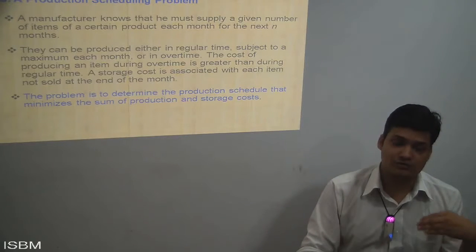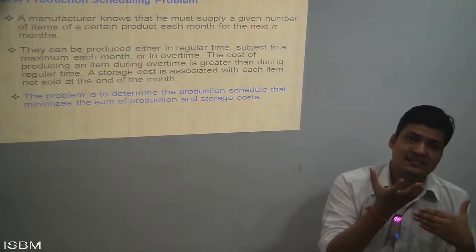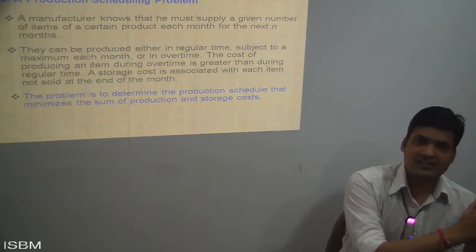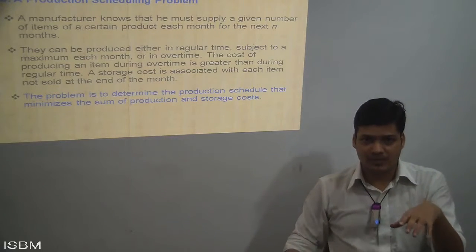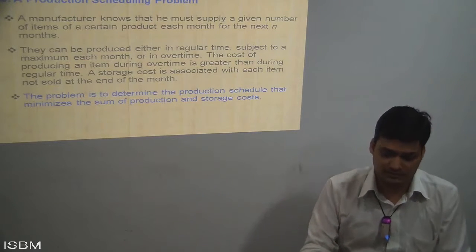So storage cost is also associated with the number of products when we increase them. The product which is not sold obviously has to be kept somewhere in a storage room, so storage cost is also associated with the cost of the product.